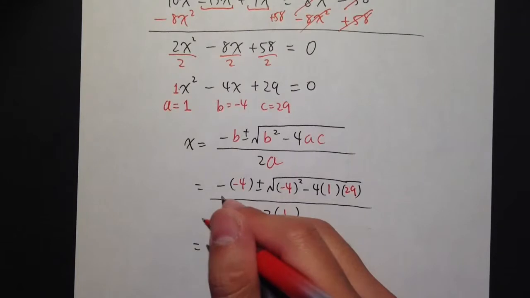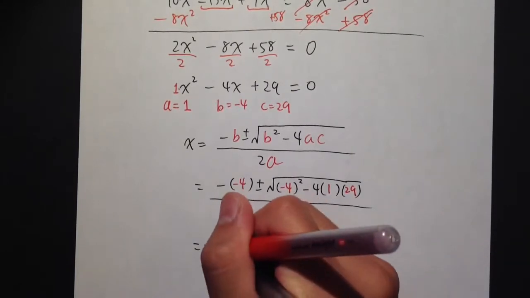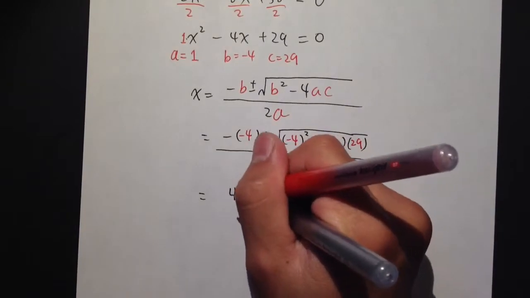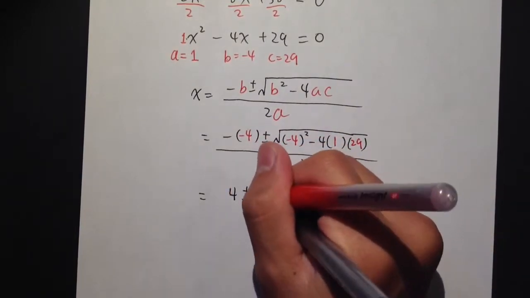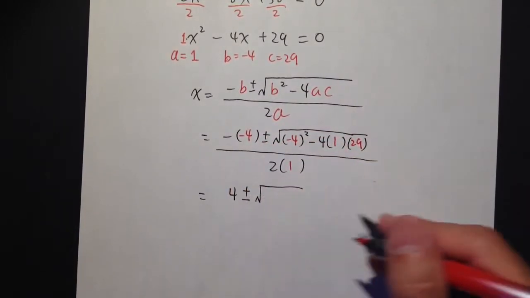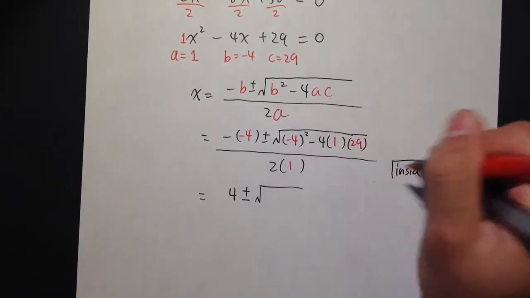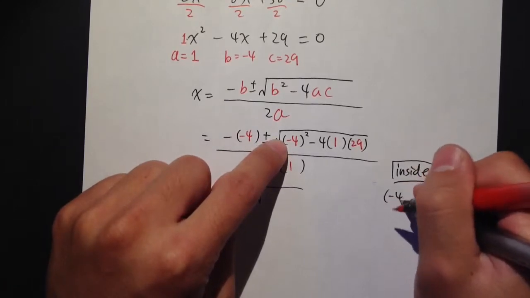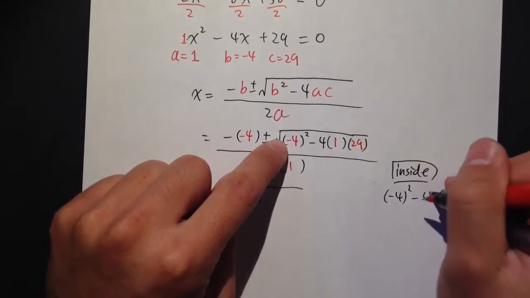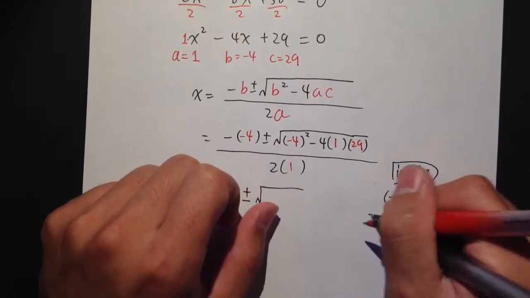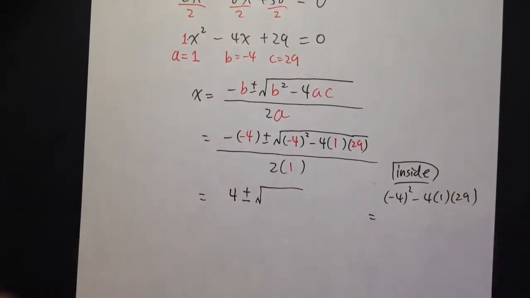Now, continue with this. I have negative 4, so it actually ends up to be a positive 4. And then I have plus minus square root of some number inside, and the number I will just do on the side. Look at the inside only. I have negative 4 squared minus 4 times 1 times 29. Okay? So to do this, you can do it by hand or with the calculator.